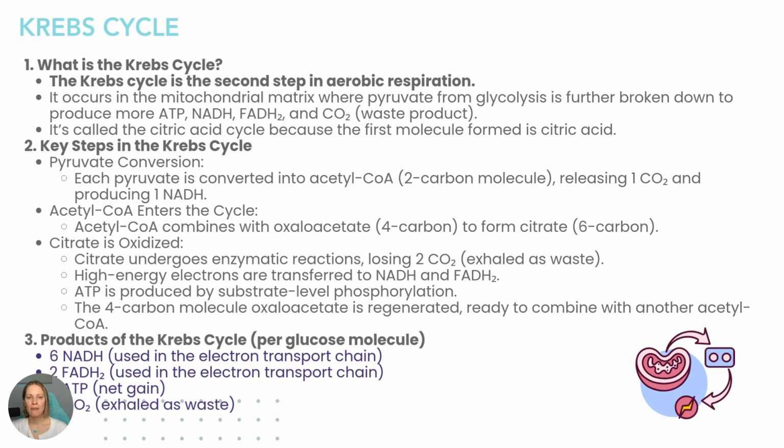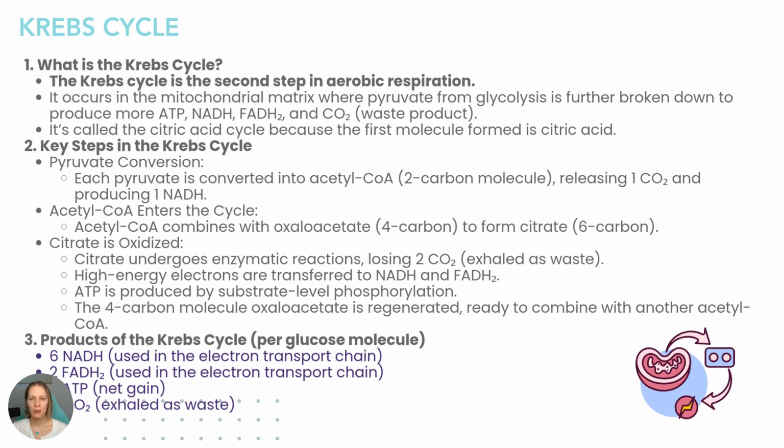This occurs in the mitochondria, where pyruvate from glycolysis is even further broken down to produce more ATP, NADH, FADH2, and CO2 waste product. So this is called the citric acid cycle because the first molecule formed is citric acid. This could be a question on your exam: what is the Krebs cycle or what is the citric acid cycle?